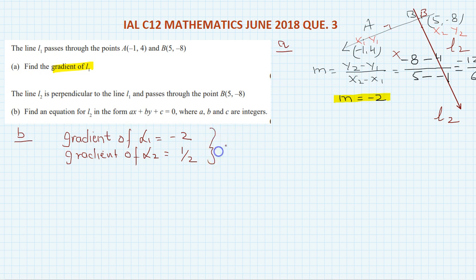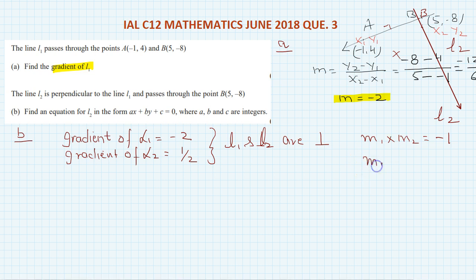The reason is L1 and L2 are perpendicular, and if lines are perpendicular, the product of their gradients is always -1.